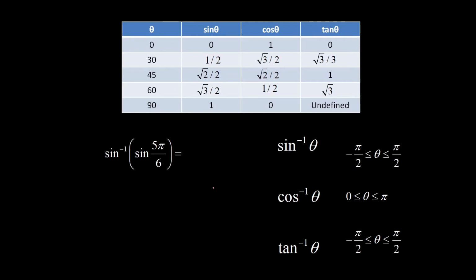So let's check some out. So we have the inverse sine of sine. Now recall the properties of inverse functions. The inverse functions say when you put the function into its inverse, this will always give you the input.